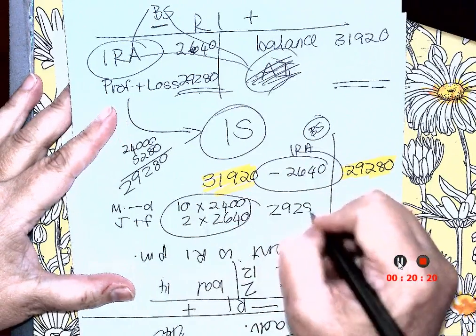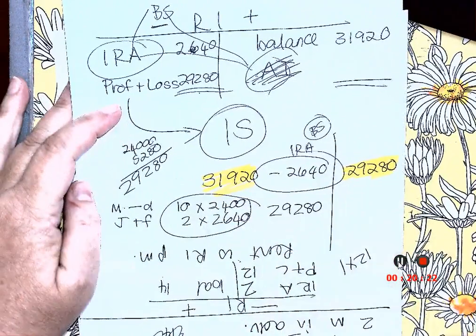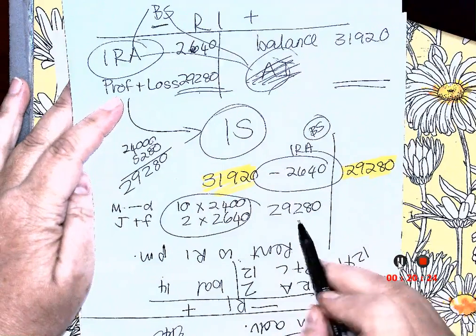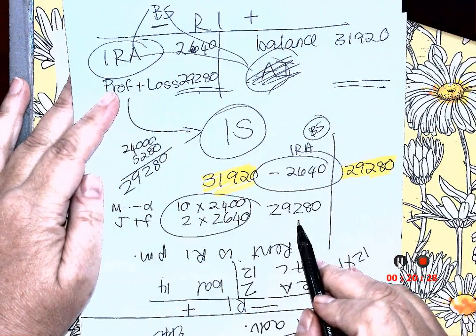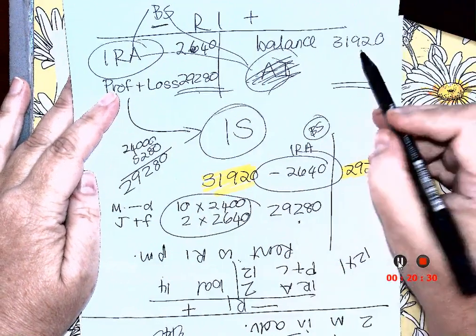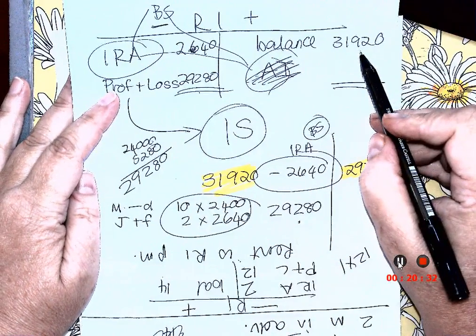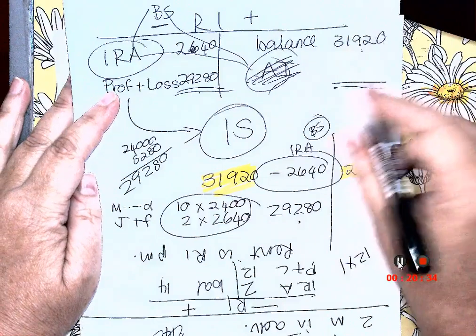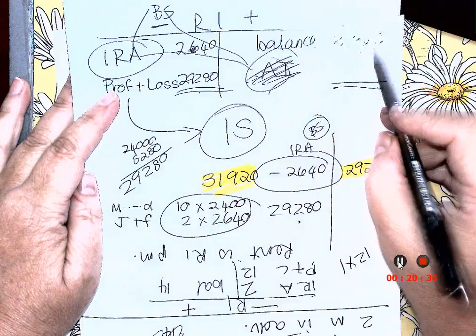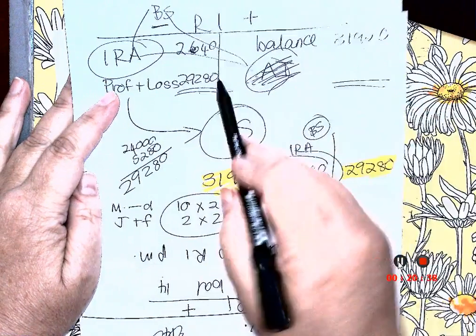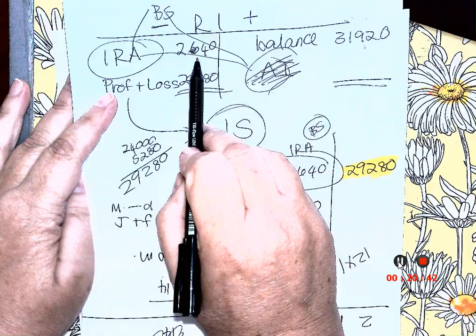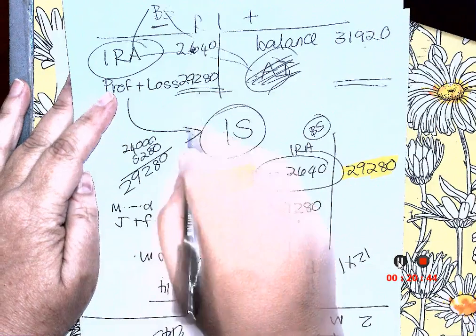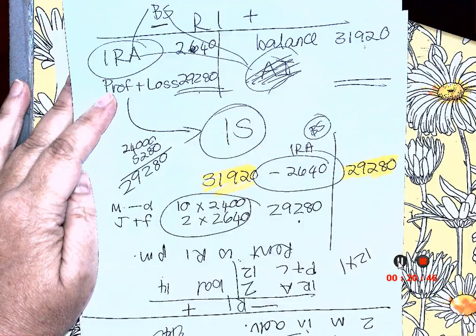This is what I'm supposed to get. Did I get 29,280? Yes, but I got even more. He overpaid me. You see? Because he overpaid me, it means the difference is going to give me what he paid too much. Oh, he actually paid for next month already. Can you see? Go through it again.